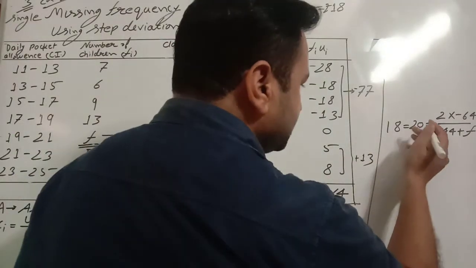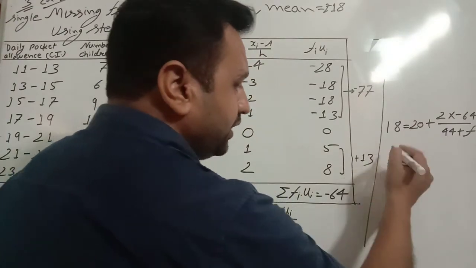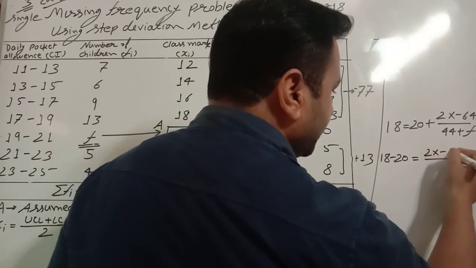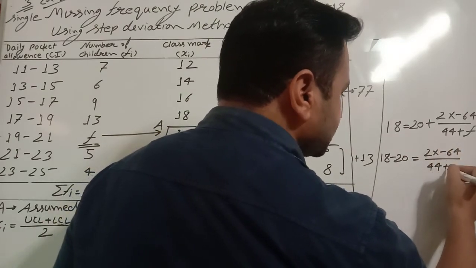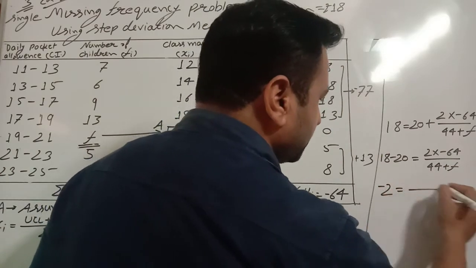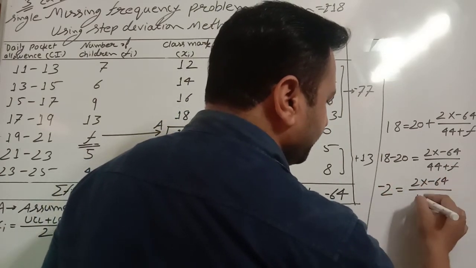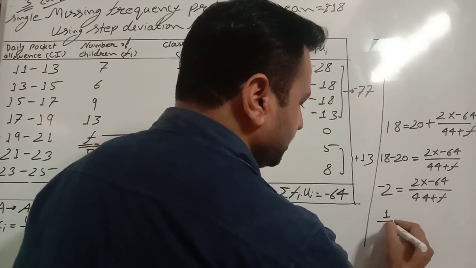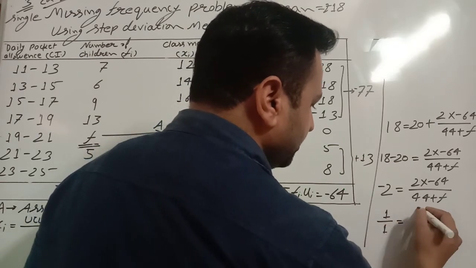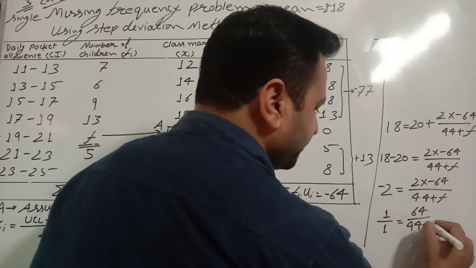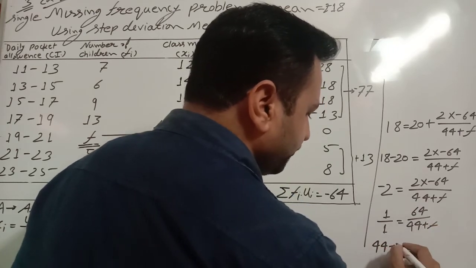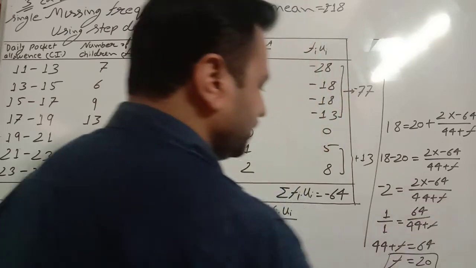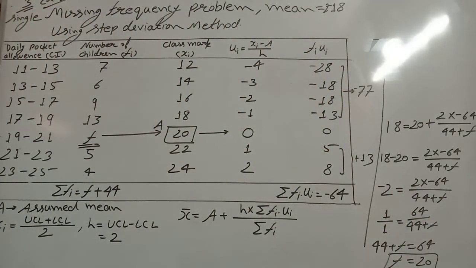Now to calculate, firstly we take 20 to the LHS. 18 minus 20 is equal to 2 multiply -64 upon 44 plus f, so minus 2 is equal to 2 multiply -64 upon 44 plus f. 2 and minus cancel, after cross multiplying 44 plus f equals 64, so f is equal to 20. So the value of the missing frequency is 20.